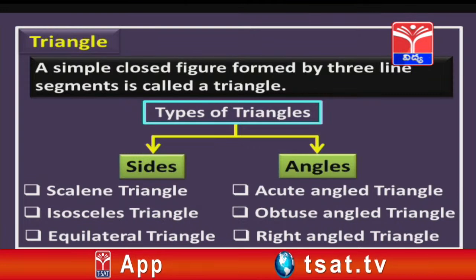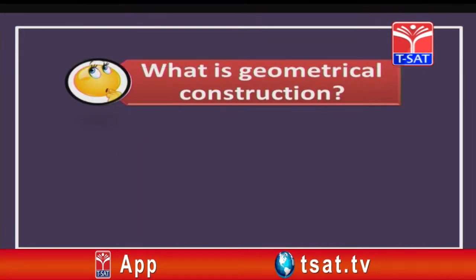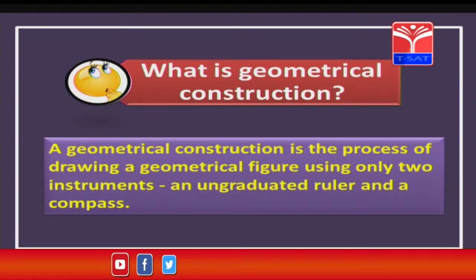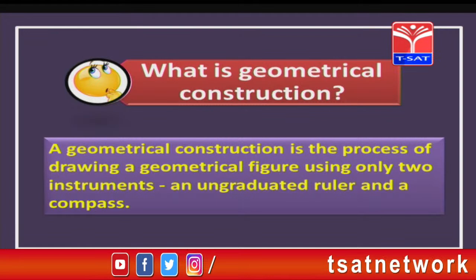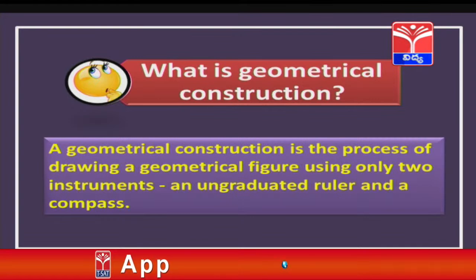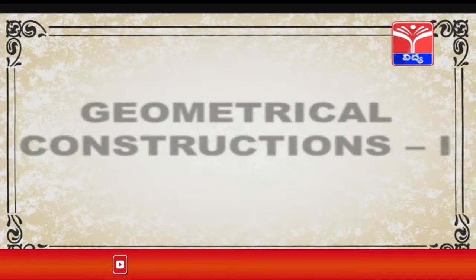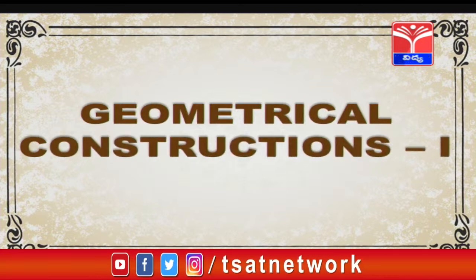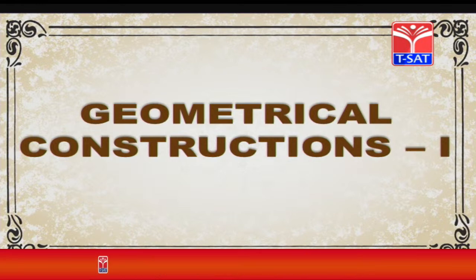Now, do you know what is meant by a geometrical construction? Yes. A geometrical construction is the process of drawing a geometrical figure using only two instruments, that is an ungraduated ruler and a compass. Now, in today's session, that is geometrical constructions part 1, we are going to construct different types of angles and also triangles.